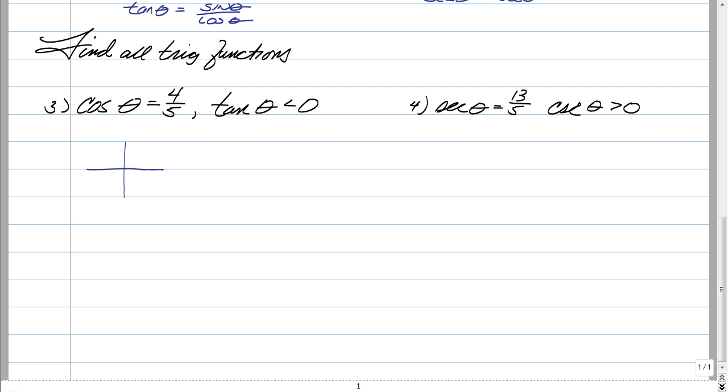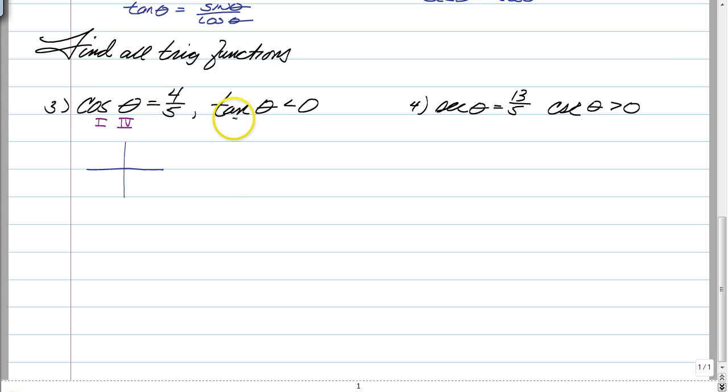So if you go all the way back to the beginning and think about it this way: in which 2 quadrants is cosine positive? Well, since cosine is your x, cosine is positive in quadrant 1 and quadrant 4.